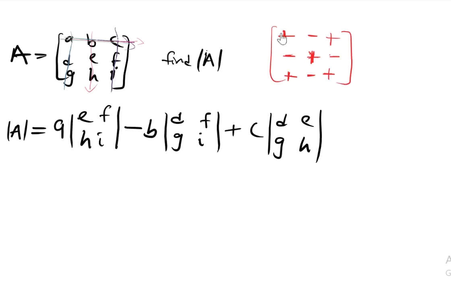I use the first part, which is our first row. The sign of a here is positive, the sign of b is negative, the sign of c is positive. This is because I use the first row. If I consider another row, then I need to switch to the other signs.